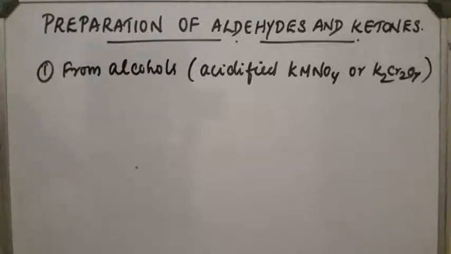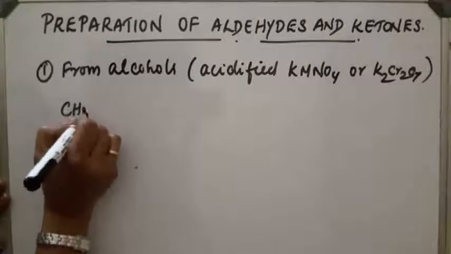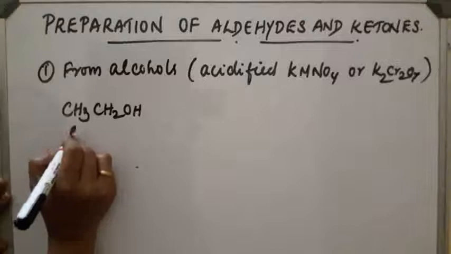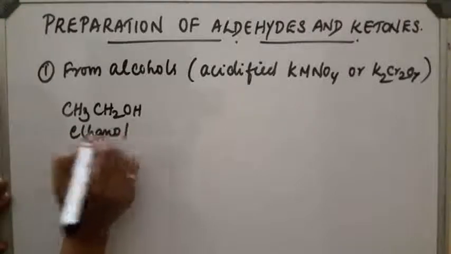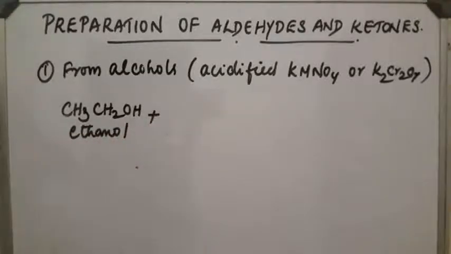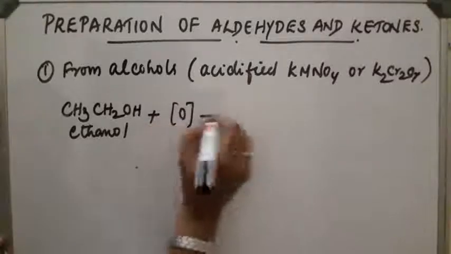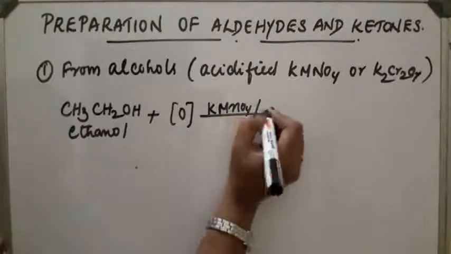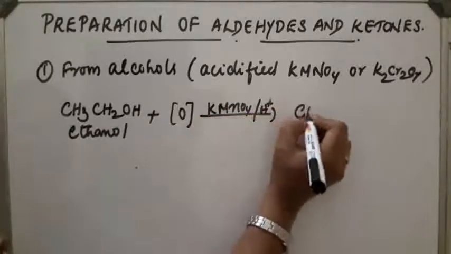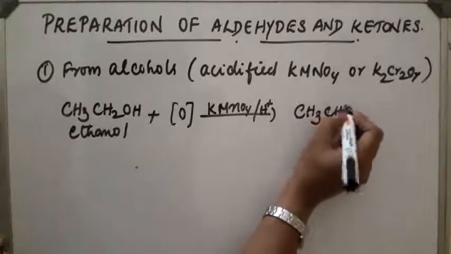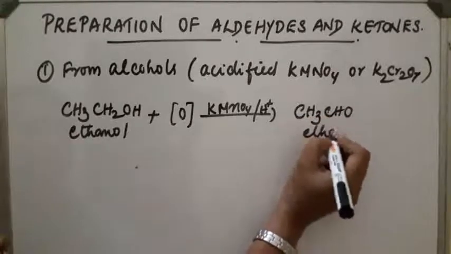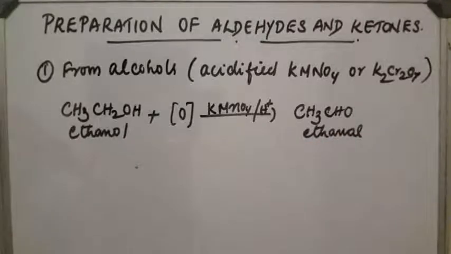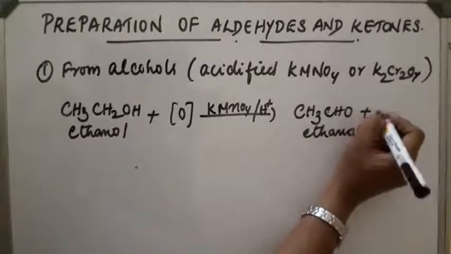First, CH3CH2OH. This is ethanol. Ethanol on oxidation in the presence of acidified KMnO4 gets converted into CH3CHO, ethanal, plus H2.